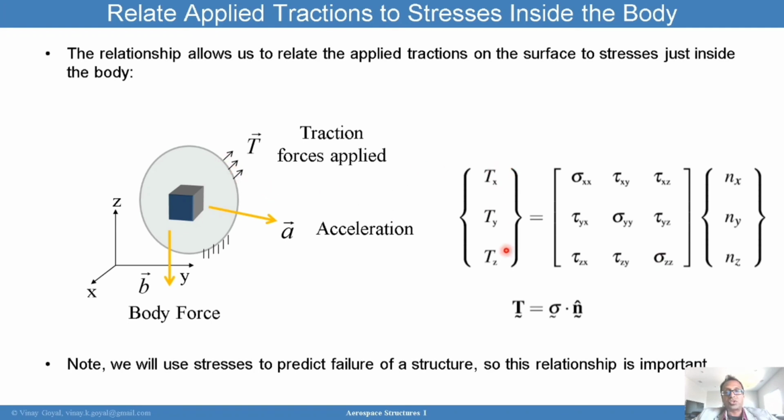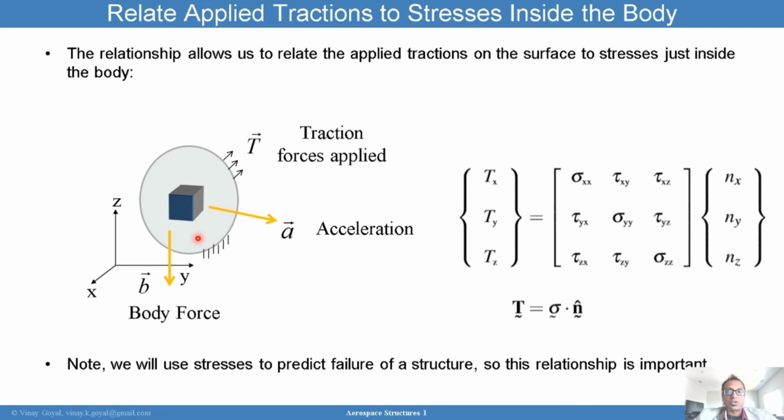If I know the tractions and I know the normal vector to that surface, there has to be a combination of stresses that make that happen. And that information is important because those stresses then get transmitted throughout the structure, and we can then determine where the highest stresses are in the structure. So that's what we want to do with Cauchy's relationship.